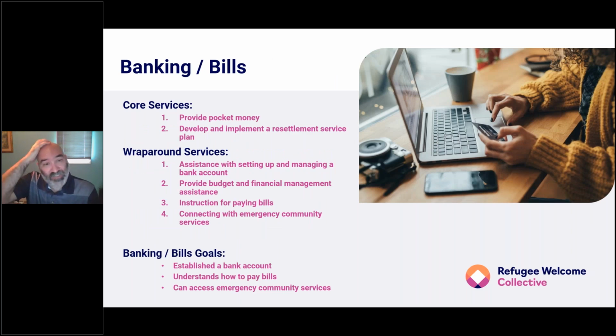Banking, financial issues, bills, all important stuff in terms of feeling integrated into society. There are some specific core services like providing pocket money, and developing and implementing a resettlement service plan.